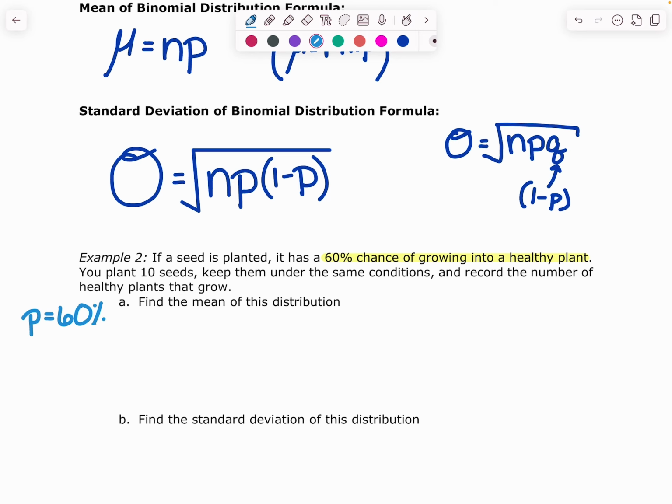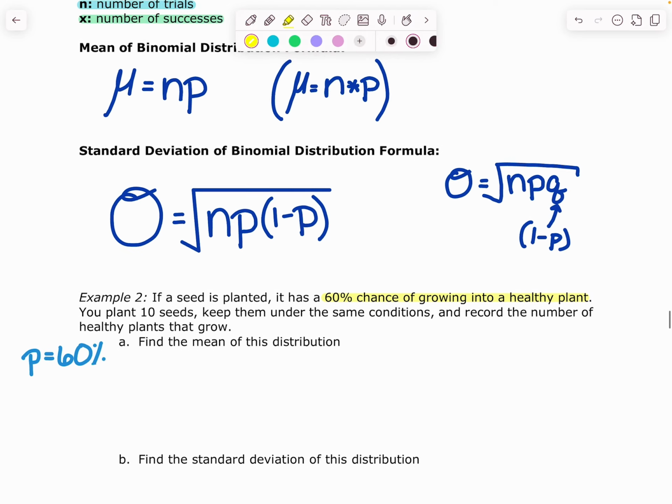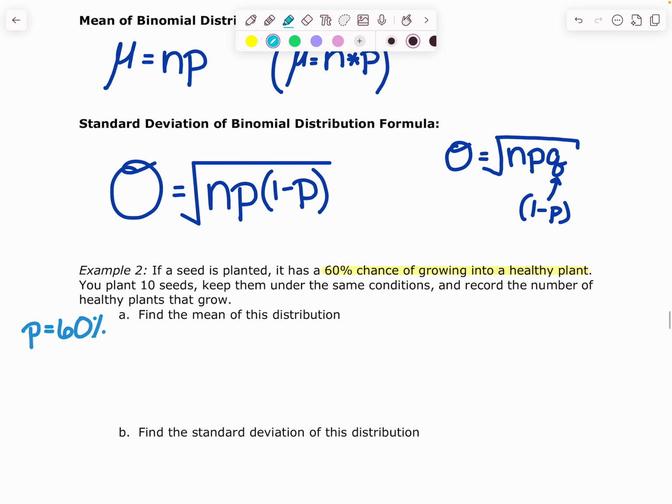You plant 10 seeds, so that's our n. n equals 10. And then we don't actually have X in any of these formulas, so we don't need it yet. We will need it later, so that's why I went ahead and introduced it already.